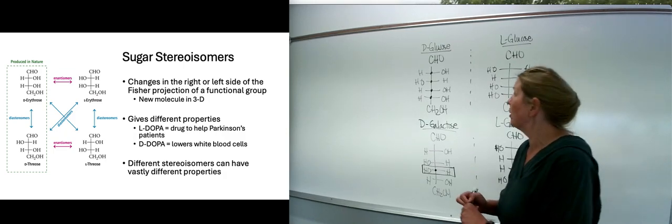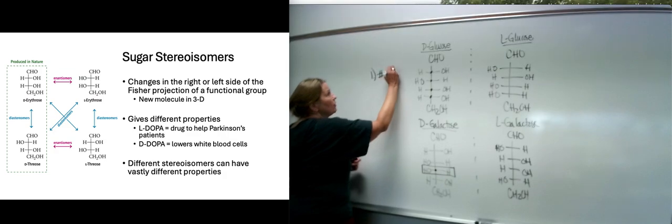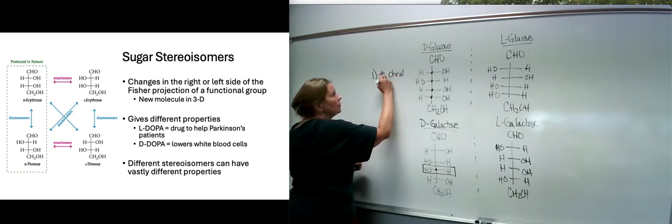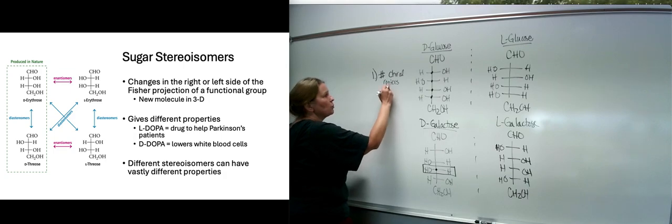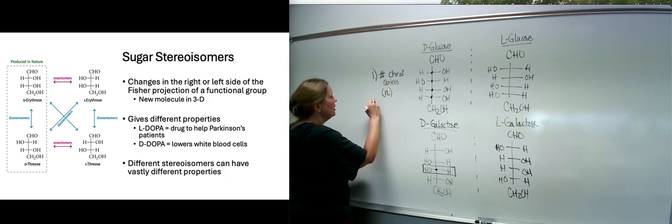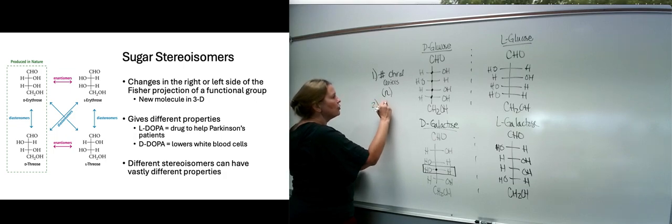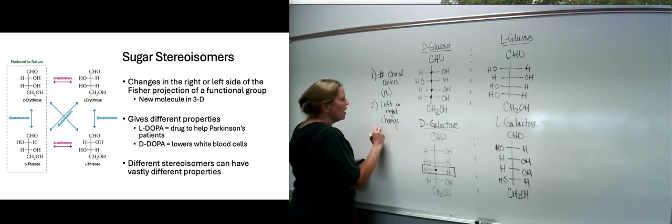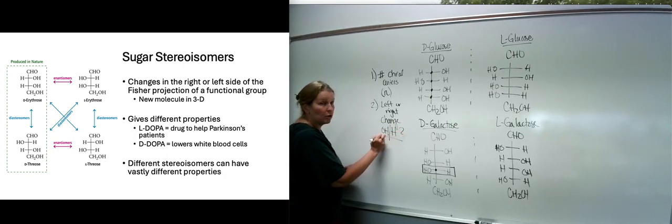The things to remember are this. Number 1, determine the number of chiral centers. Let's say that number of chiral centers, we're just going to call it n. As you draw your Fischer projection, on the left or the right, do I change my positions of my OH and H groups on either side?